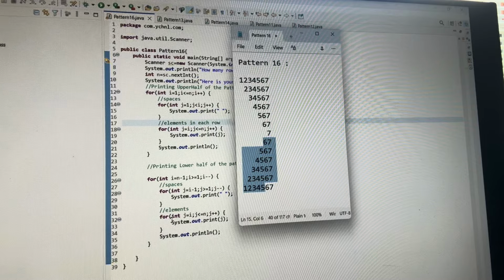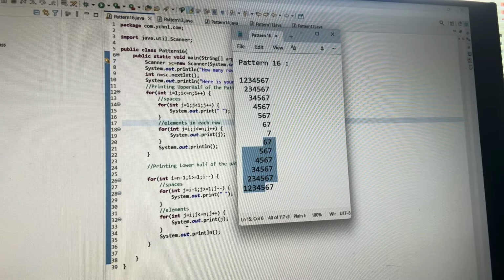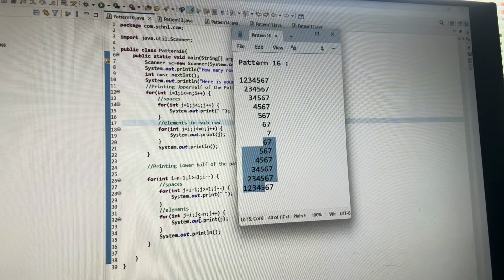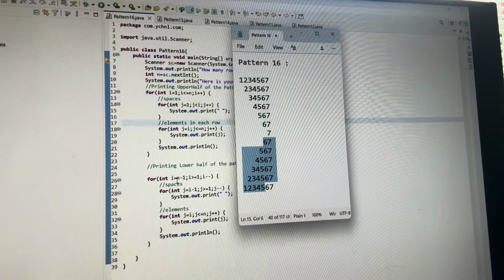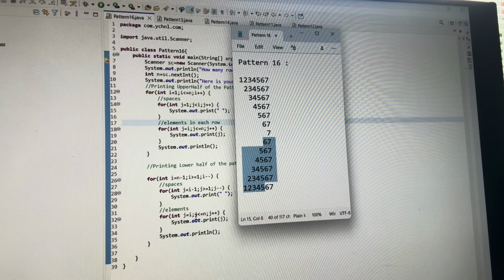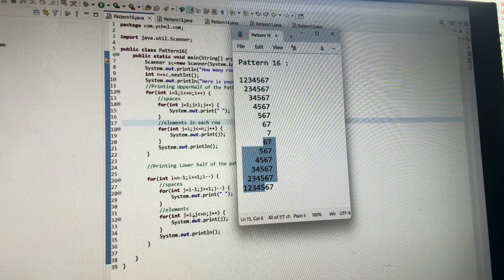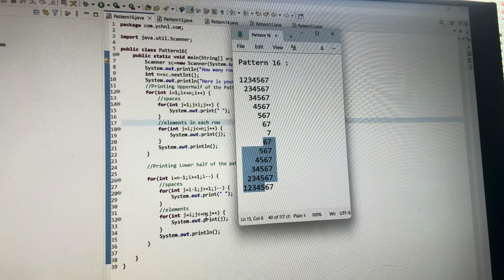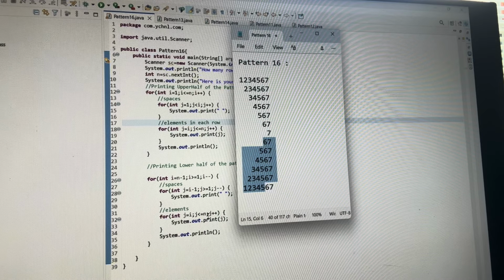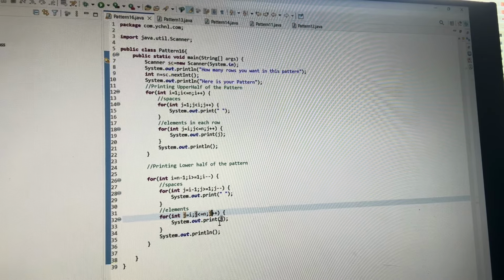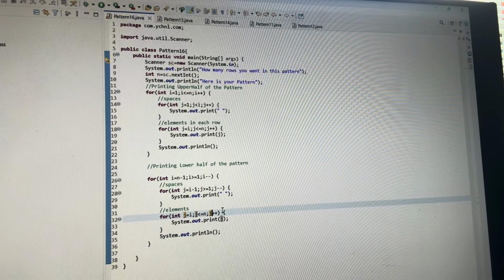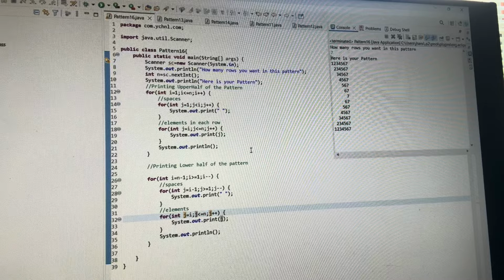Okay, and for the elements also a different loop. For j is equal to I, what is the I value here? For the first row 6, right? 6 less than or equal to 7, so it will print 6 element, and now 7 less than or equal to 7, this condition is true, so it will print these elements.